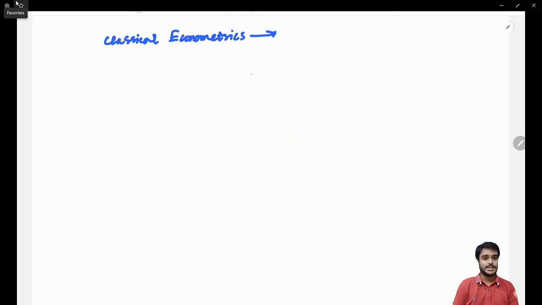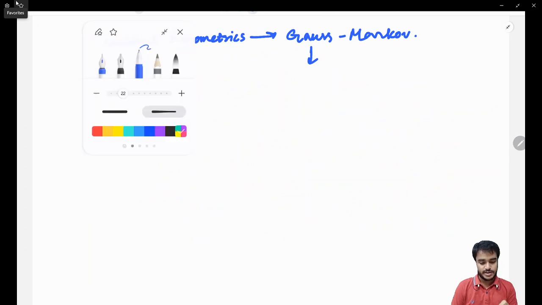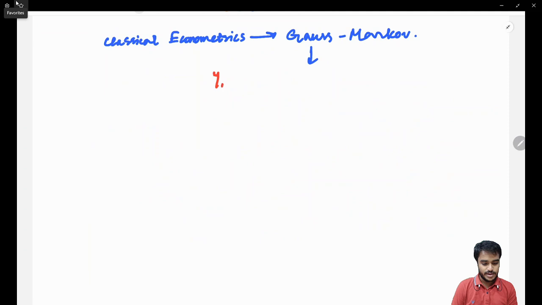There are some classical assumptions we know as the Gauss Markov assumptions. Let us take an equation yi equals beta prime xi plus epsilon i, where yi is the dependent variable, xi is the independent variable, beta is the slope parameter, epsilon is the error.